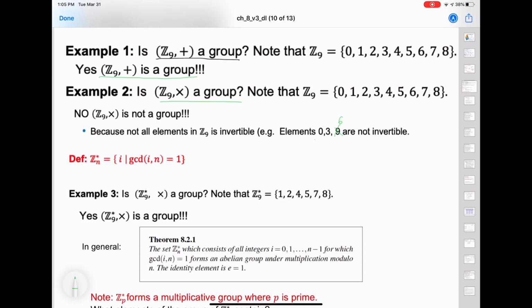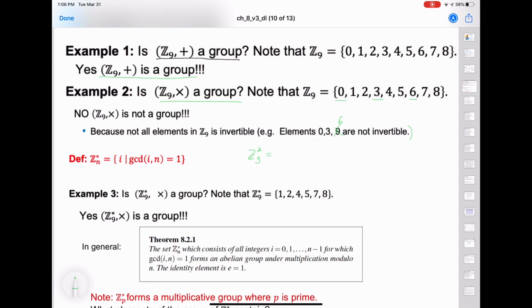Now we want to use multiplication. It's very good to use. We don't want to throw it away just because some of the elements are not invertible. So what we have to do in this condition, as you see that 0, 3 and 6 are not invertible, is introduce something called Z9 star.